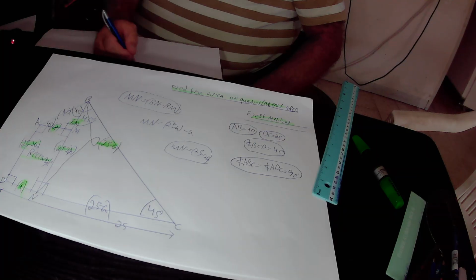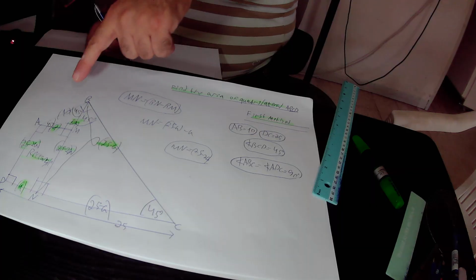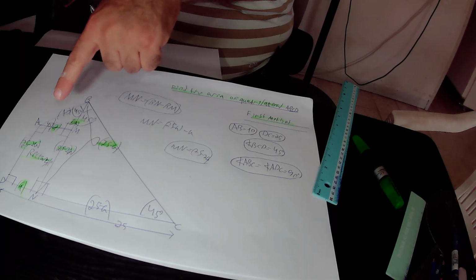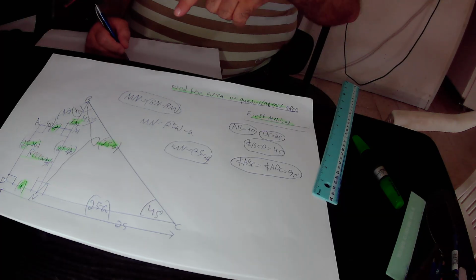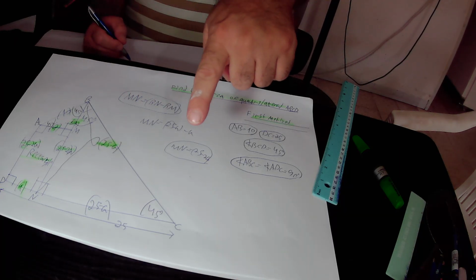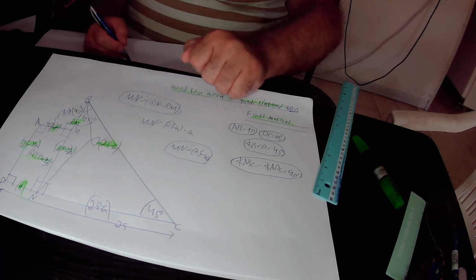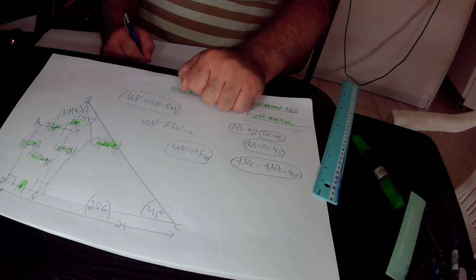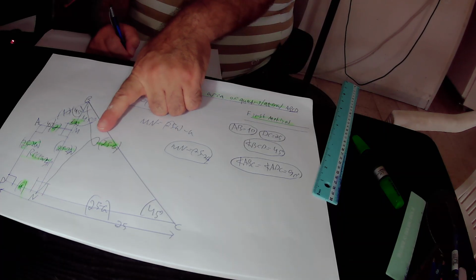From the drawings, it's very easy to see that the area of this quadrangle ABCD in total equals the area of trapezoid ABND plus the area of the right triangle BNC. So write it down. The area of this quadrangle ABCD in total equals the area of this trapezoid ABND plus the area of this right triangle BNC.